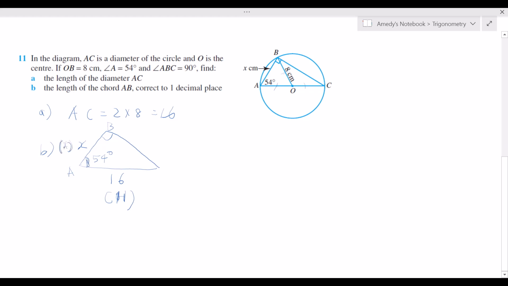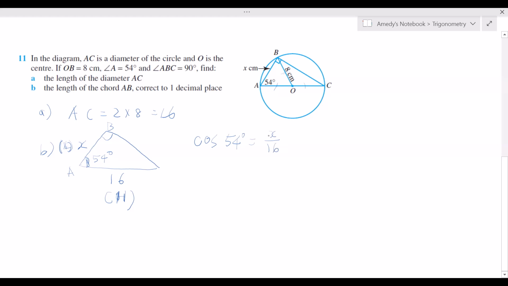Now pick again the ratio, sine, cosine, or tangent. Which one involves A and H? Yes, that's right. Cosine 54 degrees equals x over 16.